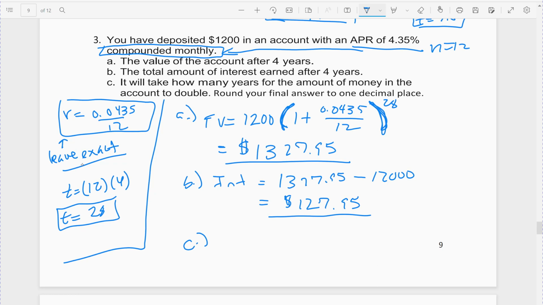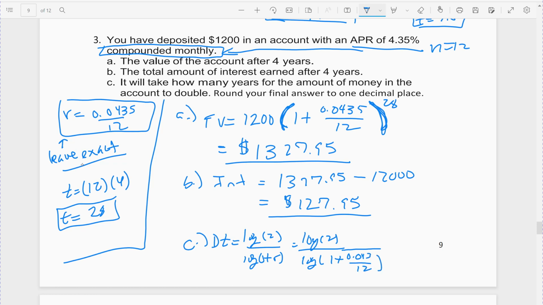The last part is how many years until the amount of money in the account doubles? Round your final answer to 1 decimal place. It didn't say approximate, so we're going to find the exact doubling time. The exact doubling time would be the log of 2 over the log of 1 plus r. In this case, it would be the log of 2 over the log of 1 plus 0.0435 over 12. Leave that exact.